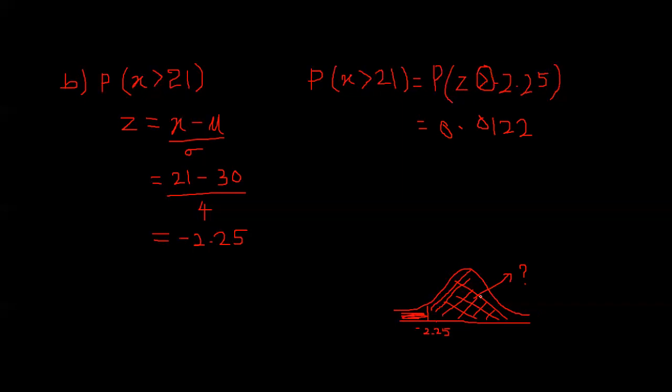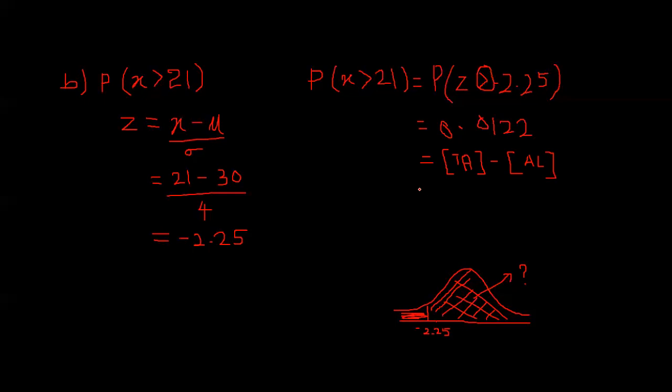So the total area under the curve is also equal to 1 minus the area to the left. Area to the left. Okay.